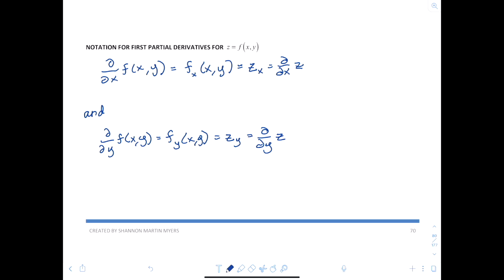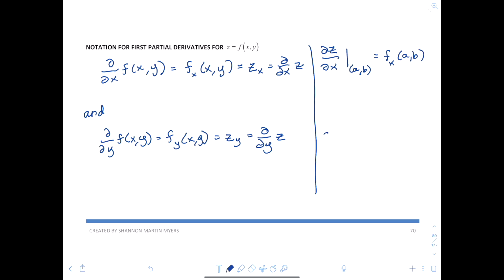Now, a lot of times we use that line to show what you're evaluating something at. So here you could take a look at dz dx, and you want to evaluate this at some ordered pair AB, that would be fx at AB.